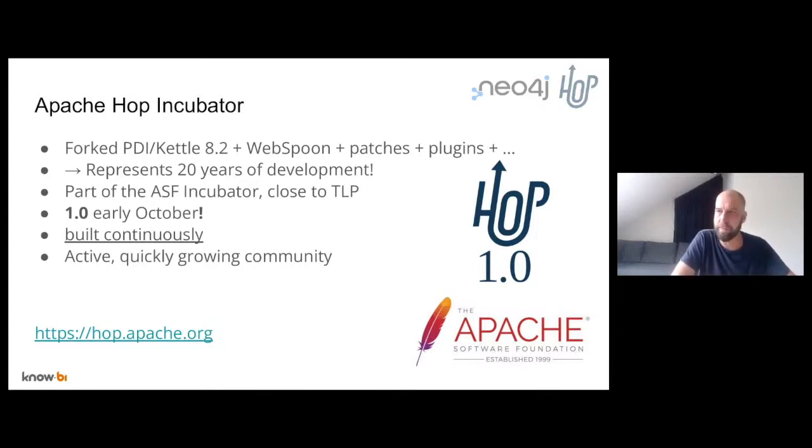We build Hop continuously, so on every commit there's a new build, but every night we run a number of tests where we eat our own dog food. We use Hop technology, we use workflows and pipelines to test our own functionality, and that has allowed us to iron out a lot of bugs and to ensure that these bugs stay fixed. So Hop 1.0 will be a robust and stable platform.